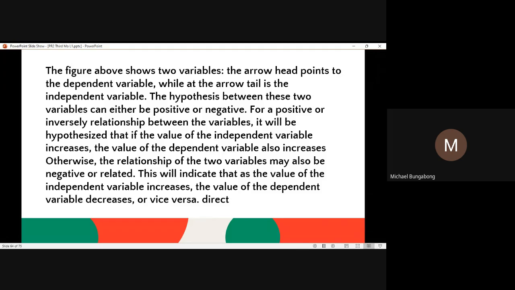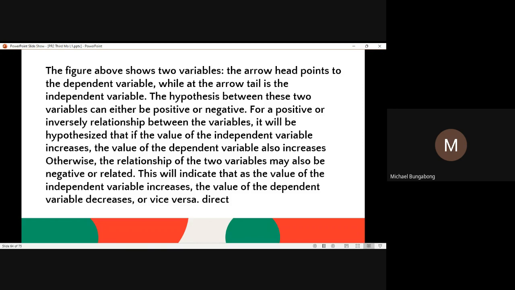So for a positive relationship, it will be hypothesized that if the value of the independent variable increases, then the value of the dependent variable also increases. Otherwise, the relationship of the two variables may also be negative. So this will indicate that as the value of the independent variable increases, then the value of the dependent variable decreases.